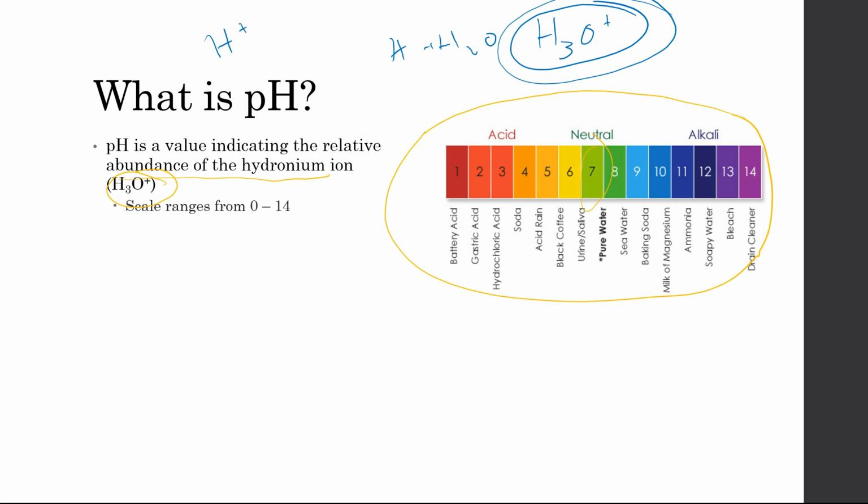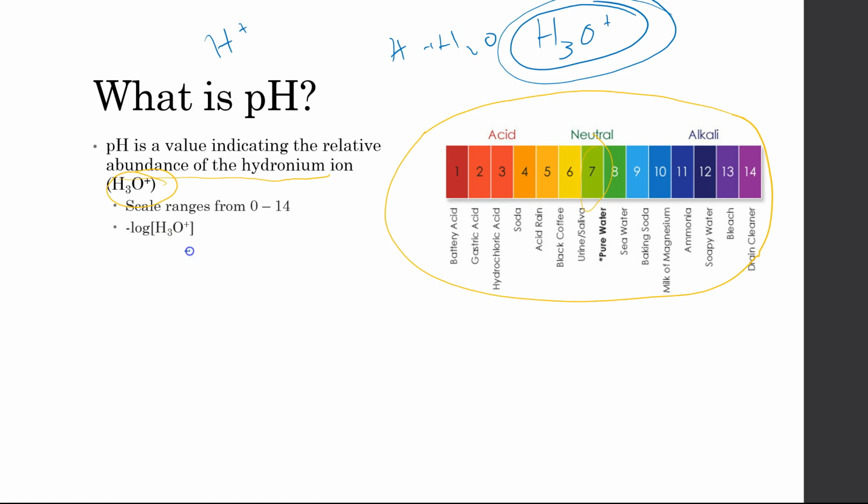Okay? And so our scale for pH actually ranges from 0 to 14, although it is possible to have pHs outside of that range. It's another topic for another time. Okay? And it is a calculated value, in that it is on your calculator. I refer to that as the negative log of the molarity of the hydronium ion.